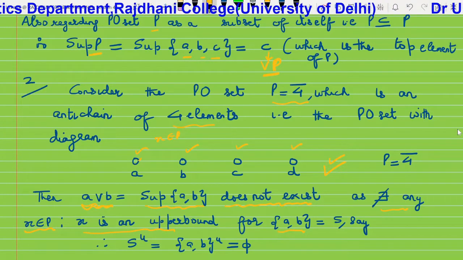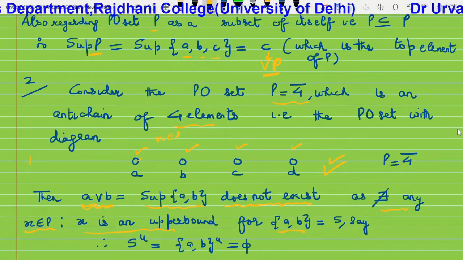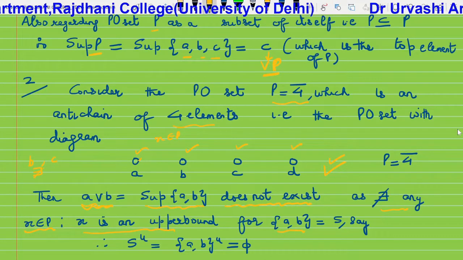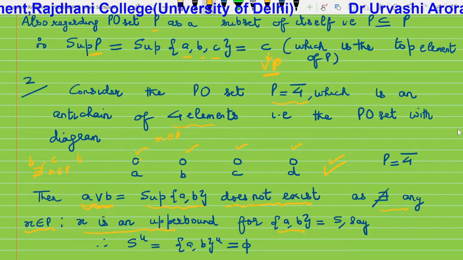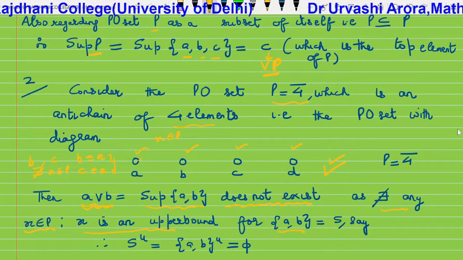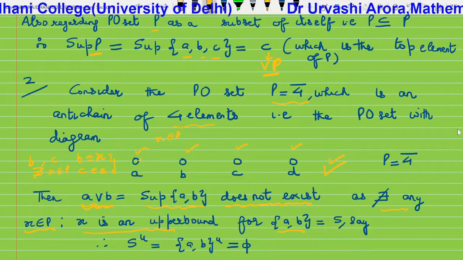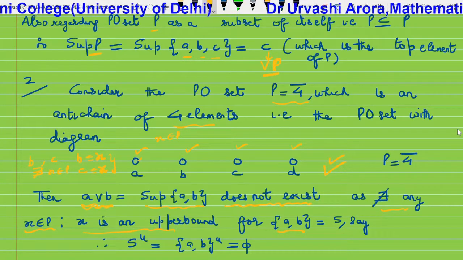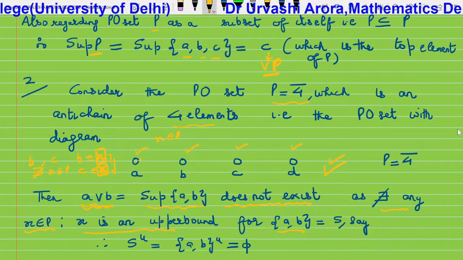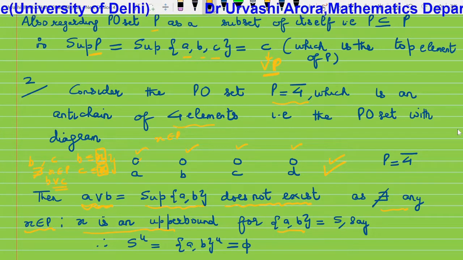In fact, if you pick any other pair of elements, let's say B and C, then again there is no X belonging to P such that B is less than or equal to X and C is less than or equal to X. There is no common X which can behave like this, which means that there is no upper bound, so B join C also doesn't exist.